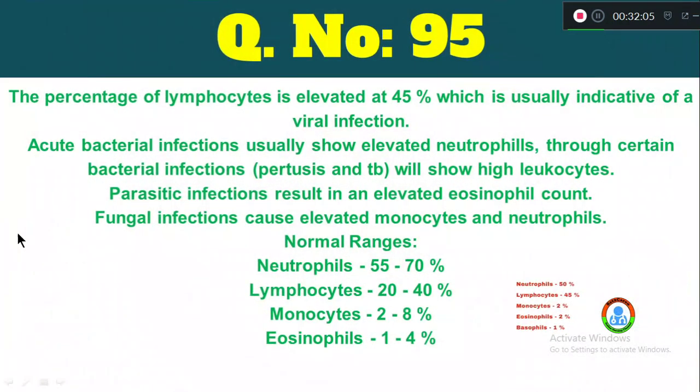The rationale you can see here. The percentage of lymphocytes is elevated at 45 percent, which is usually indicative of viral infection. Acute bacterial infection usually shows elevated neutrophils, though certain bacterial infections like pertussis and TB will show high lymphocytes. Parasitic infections result in an elevated eosinophil count.